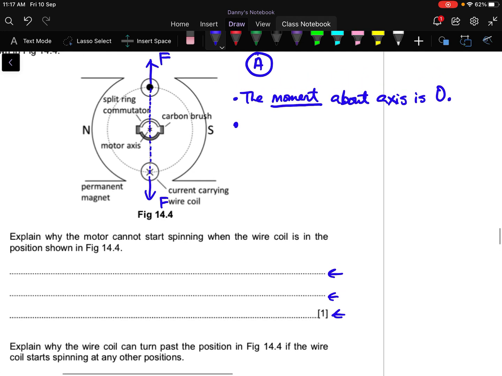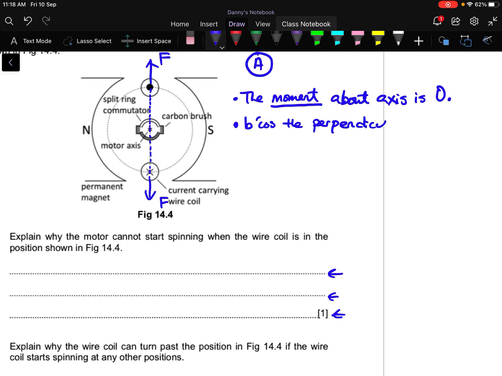Then, because I gave you 3 answer lines, you need to provide more detail. For example, why the moment is 0. So in this case, you need to be able to describe the perpendicular D. Some of you just give me this. No, this is what you do in the notes. So you need to describe it.